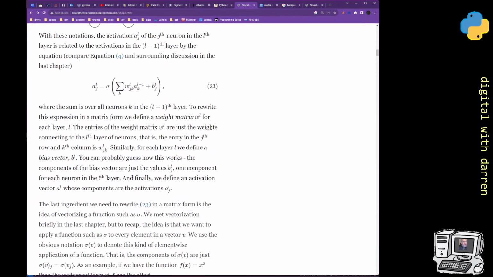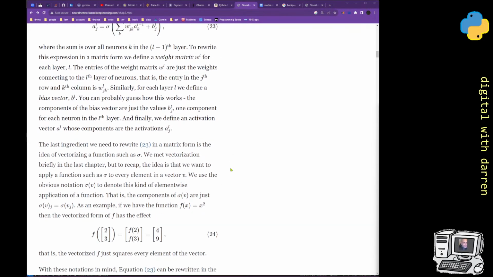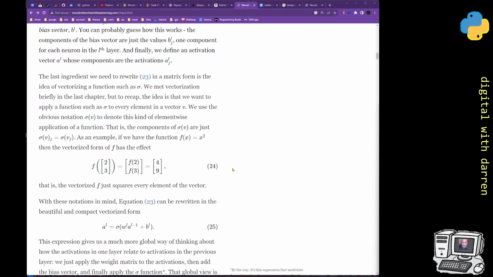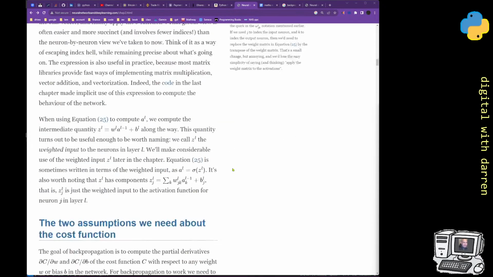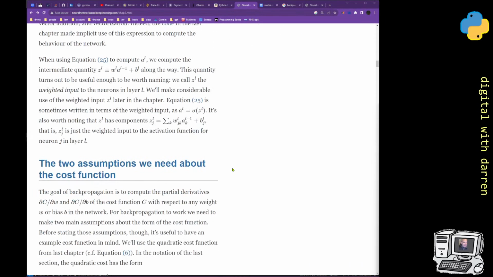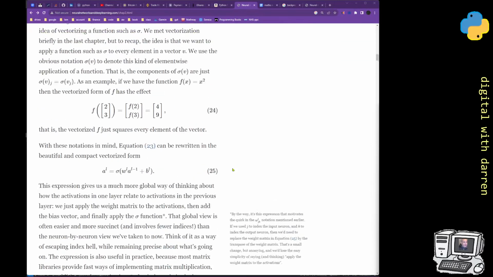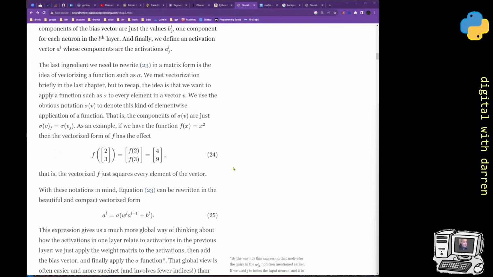I might stop at this point, because we've crossed the hour mark. I'm not going to say we're at the end of it, but we're not very far from the end of everything.